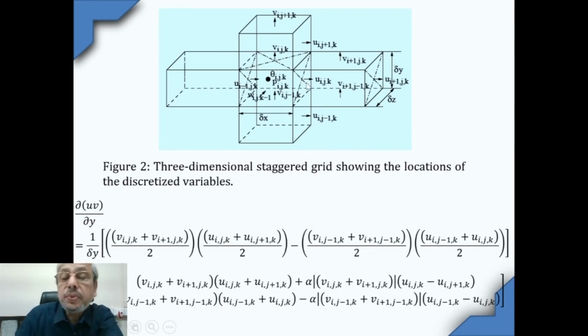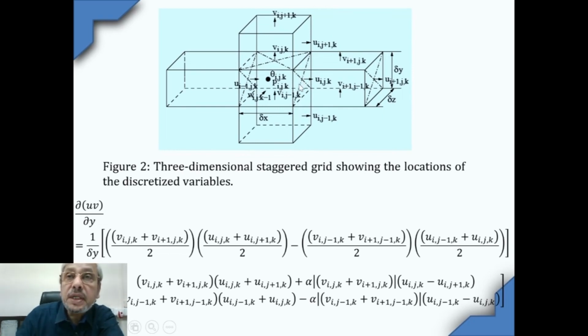So we have to define u into v at this point, and also u into v at this point. Then u into v at this point minus u into v at this point divided by delta y will give del y of uv here.